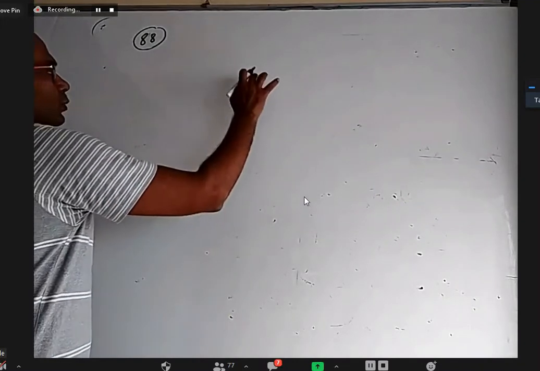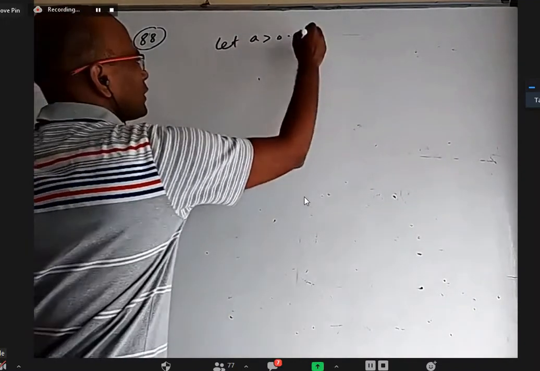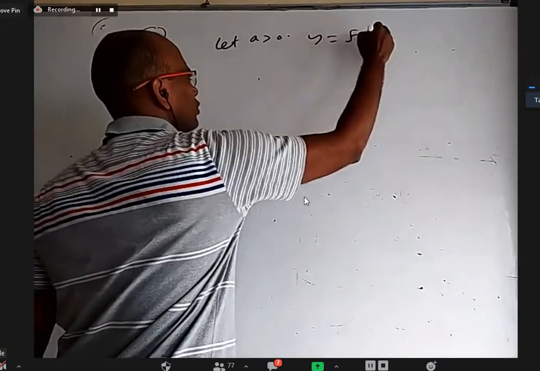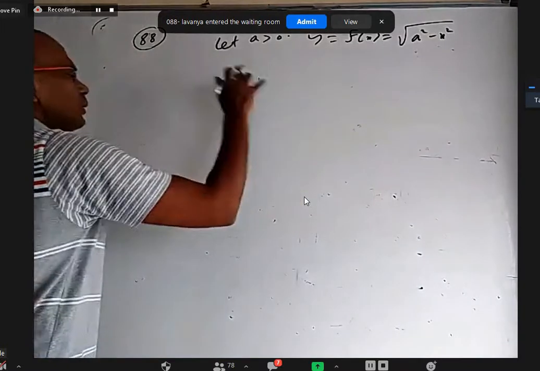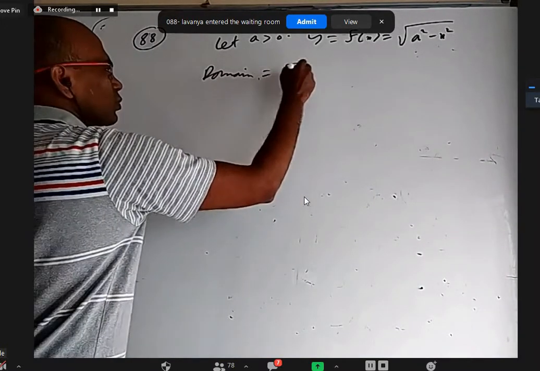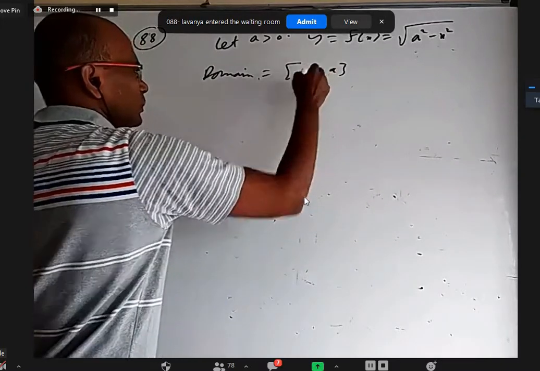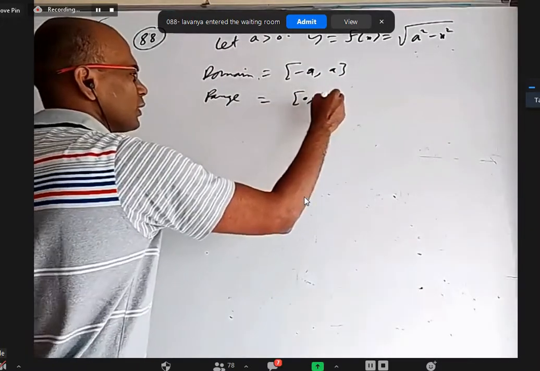Let a be greater than 0 and y equal to f of x equal to root a square minus x square. I want to tell that for this, the domain is the closed interval minus a to a and the range is 0 to a.